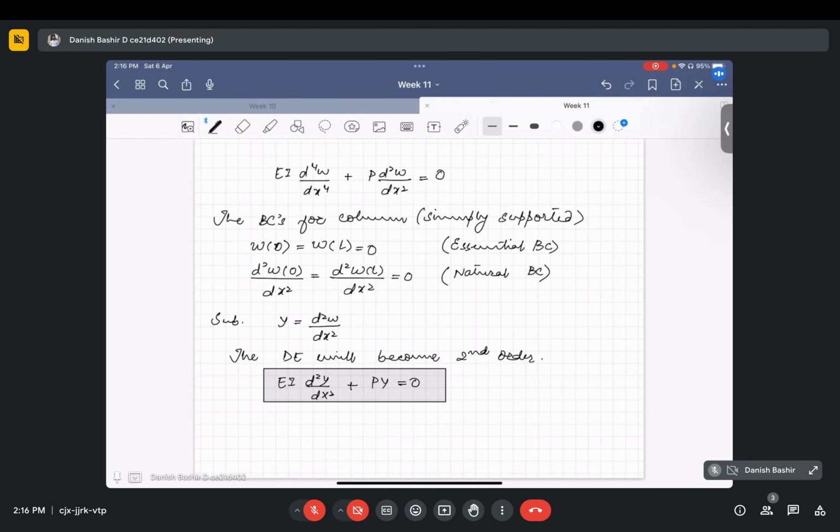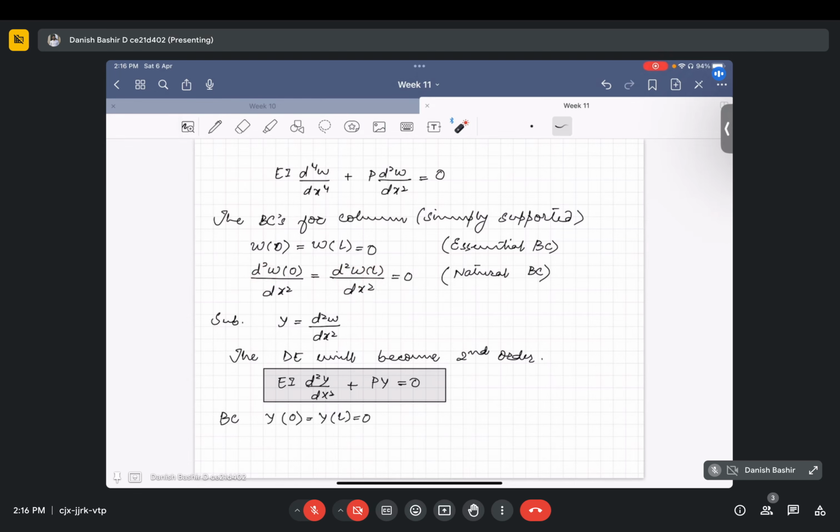Now again the boundary conditions here will be y of 0 equal to y of L equal to 0. From the earlier boundary condition, this is actually y of 0, and this is actually y of L, because y is equal to d2w by dx square.